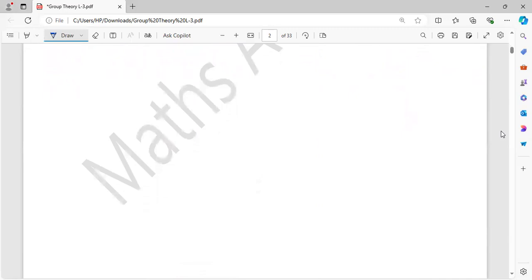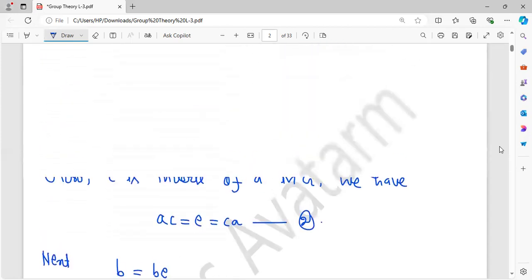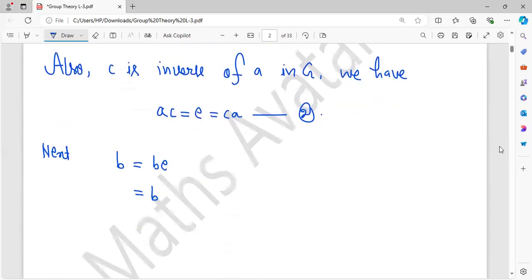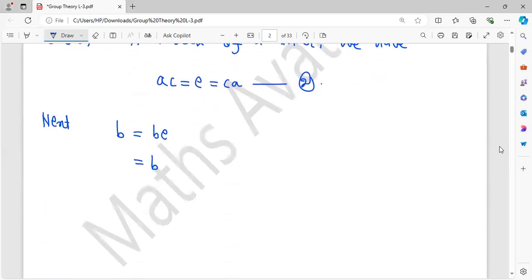So what we will do next: b is equal to, we can write, be. Okay. What is the value of e? From equation 1, we can write it as ca. And from equation 2, we can write the value of c from equation 2.